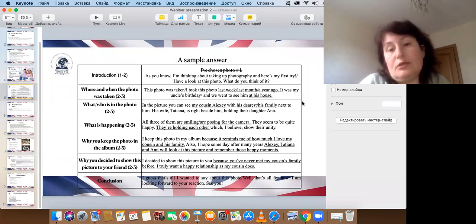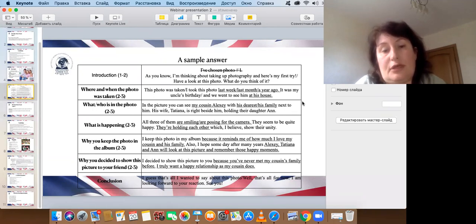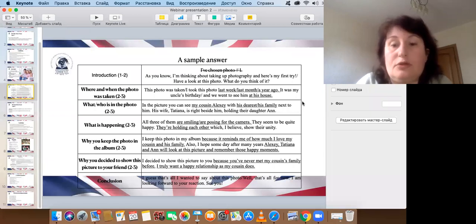So actually, yes, Lada, why not? Everything is okay, but don't forget to add 2 more sentences. That's why look at my plan: introduction, and where and when the photo was taken. So you will have around 5 sentences. Thanks a lot. Okay, it was quite unusual.